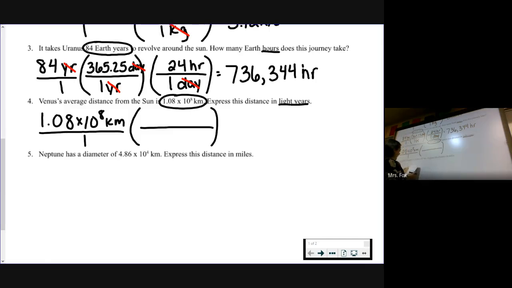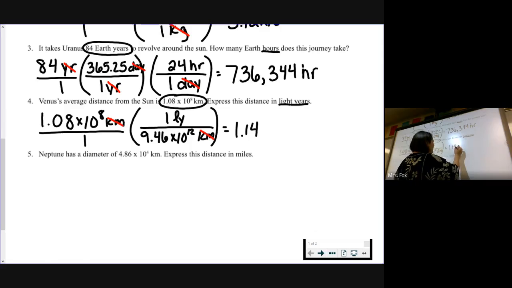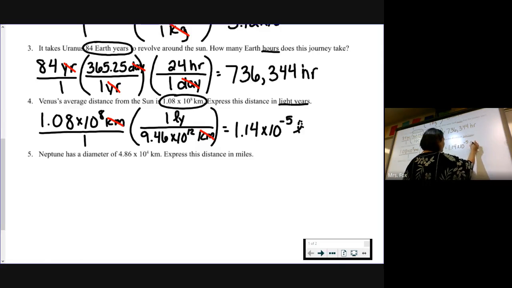I want kilometers to be in the bottom. Using my equality, 9.46 times 10 to the 12 km, 1 light year up top. Kilometers cancel. Now we have division. It is 1.14 times 10 to the negative 5 light years.